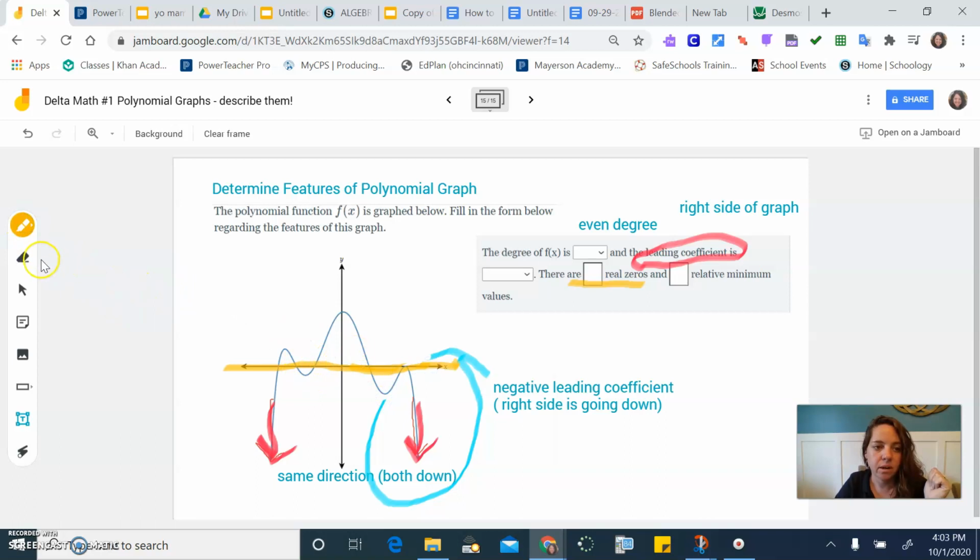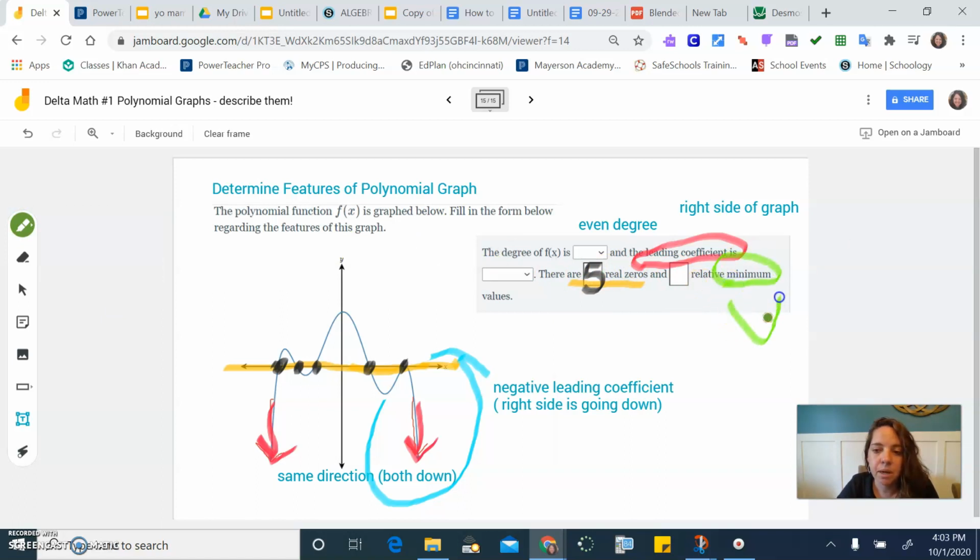Well, it looks like one here, one here. So that's 3 so far. 4, 5. Ooh, that's a big one. So it has 5 real zeros. And I wrote that in the wrong spot. 5 real zeros.